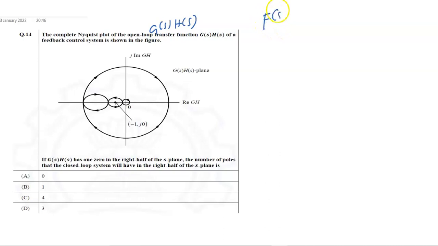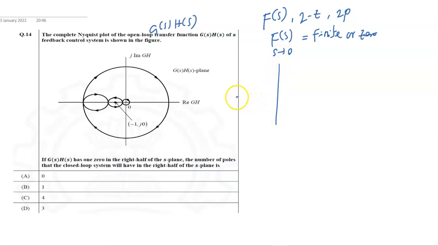Let one complex function F(s) have 2 zeros and 2 poles, and also F(s) when s tends to 0 is finite or 0, that is a rational transfer function. Draw the S plane. Let's see the pole location like this.